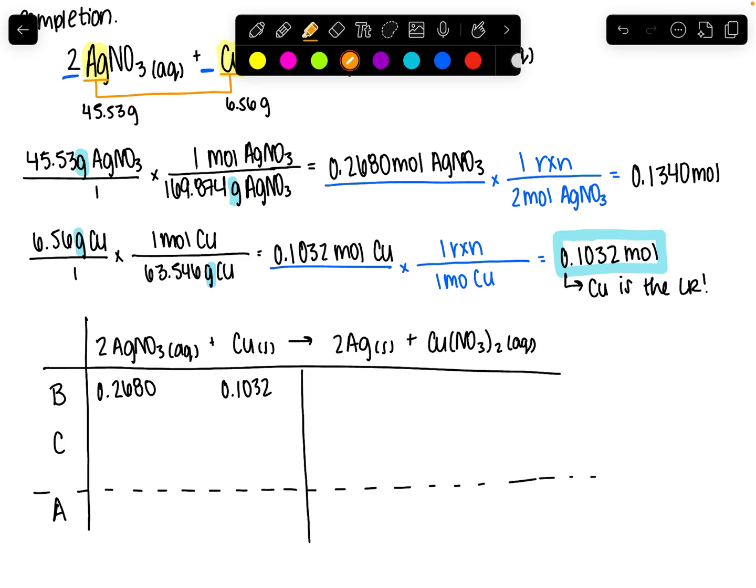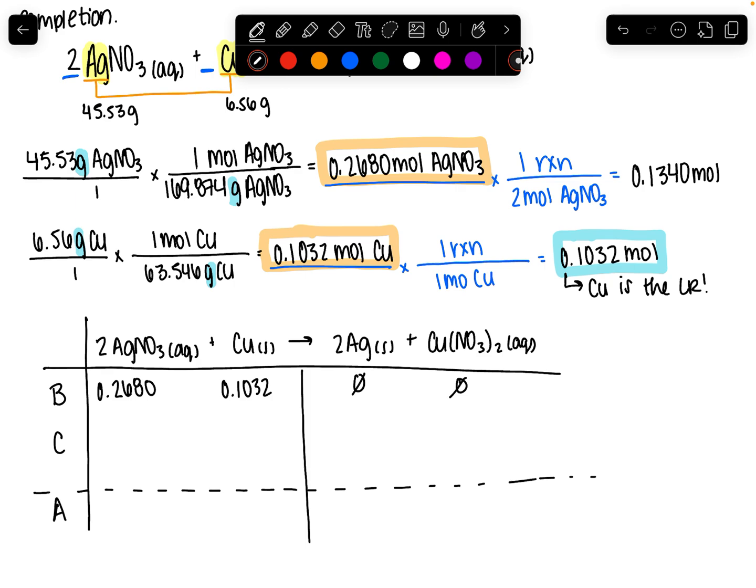I'm pulling these numbers from right here when I originally converted the mass that I had to moles. Before the reaction occurs, before I mix these two things together, how much solid silver should we have? 0. If your reaction hasn't happened yet, you don't have any product, right? So the answer for both of those is going to be 0 moles. You don't have anything yet.